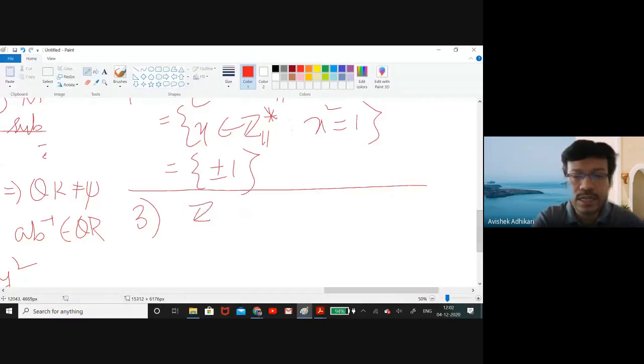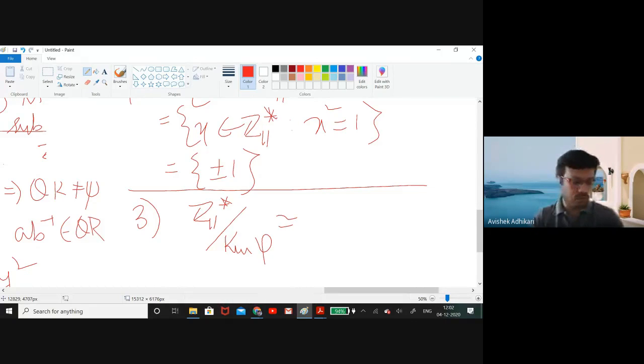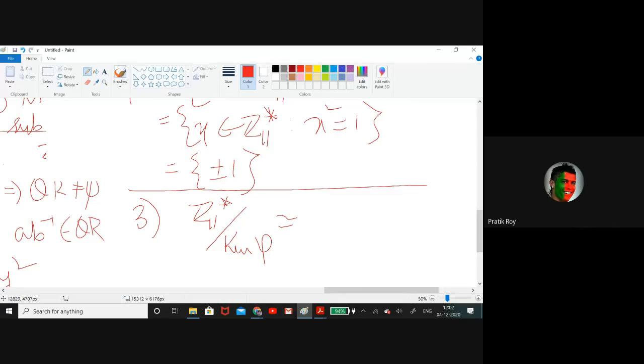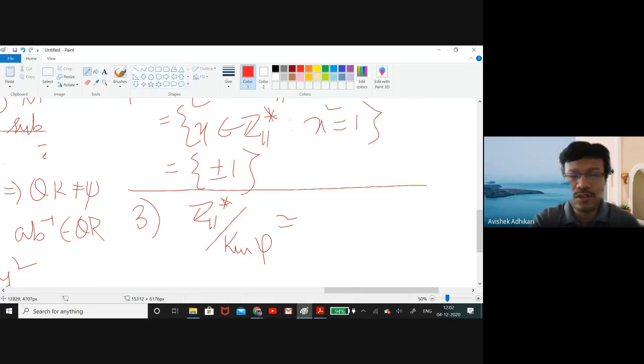So by the first isomorphism theorem, Z11 star quotient kernel of phi must be isomorphic to which group? The quadratic residue set. Why? How will you say that this is the quadratic residue set? It is the image of the function, so the image of phi. Now you need to show what that image of phi is.